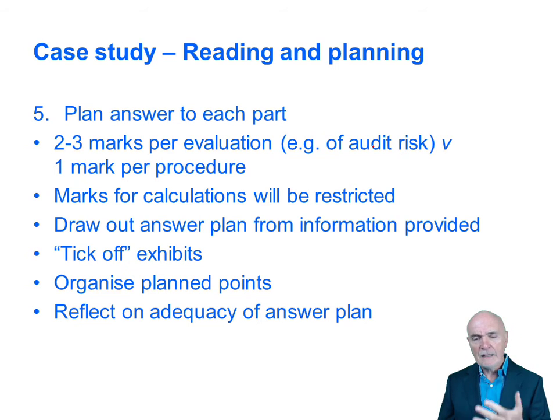Don't necessarily calculate all 6 measures of materiality. These calculations are very straightforward. Of course we have to recognize whether something is material or not, but don't make a song and dance over the calculations. These are low skills parts of the question, and you're not going to get a huge amount of marks for them.